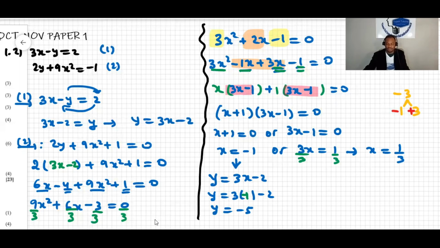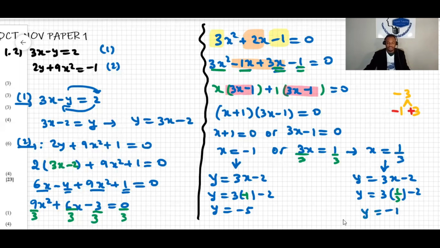Over there also, we sub in the value of x, because y equal to 3x minus 2. We're going to sub in the value of x, which is a third. So 1 minus 2, and now we've got y equal to -1.